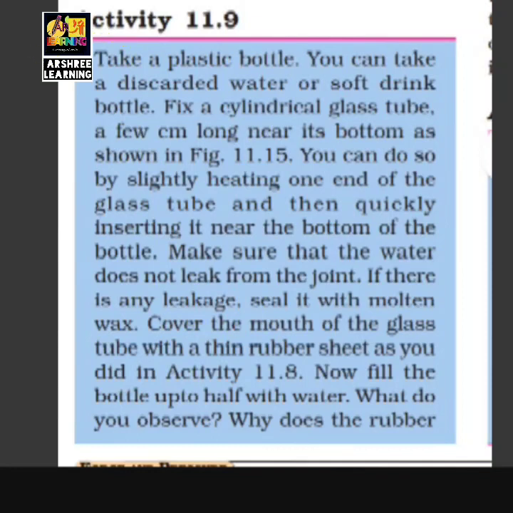So in this activity what do we see? When we fill water inside this bottle, the bottle has a small knob at the bottom. What will happen? The water will again exert pressure. Add water in this, the water will put pressure, and on the side where there is a balloon, the balloon will swell up.